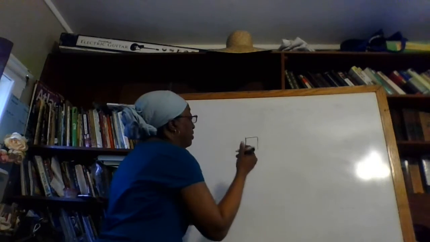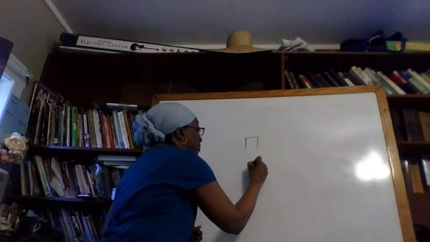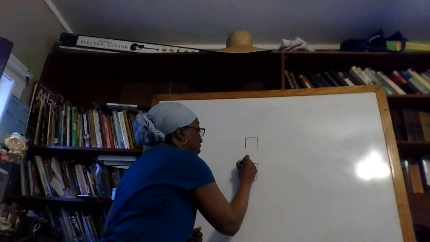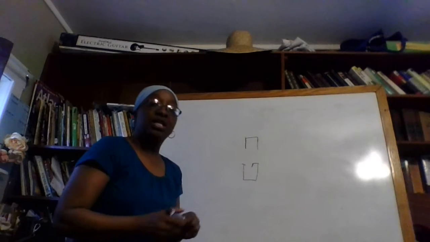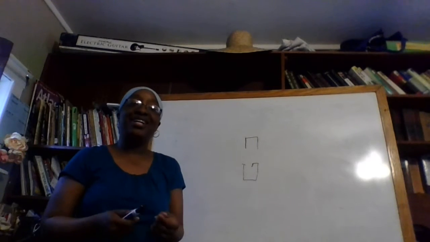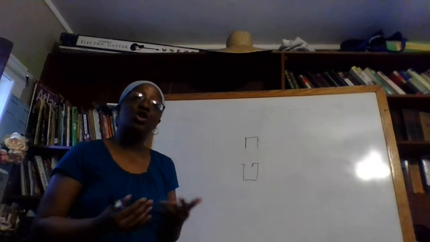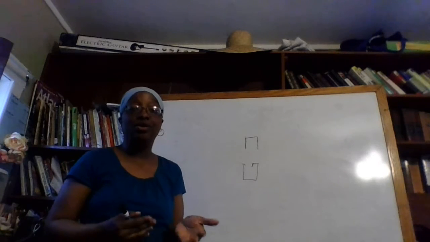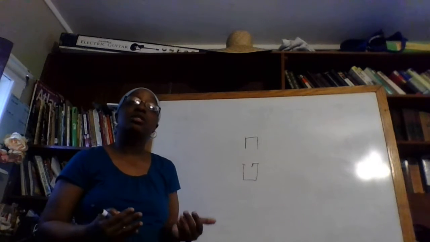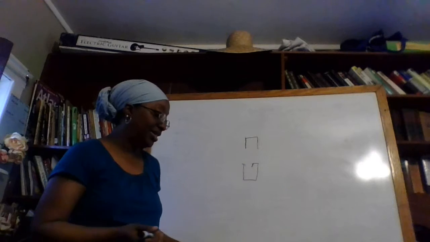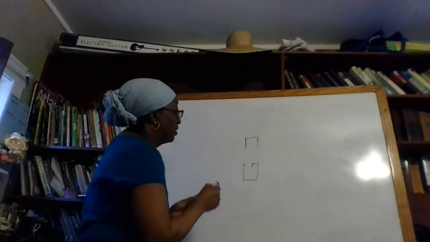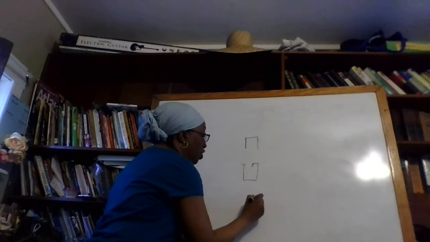Next is the letter Tet. Tet makes the t sound like in toy, or like in the word Tet itself. T, t, t, Tet. The next letter is Yod.